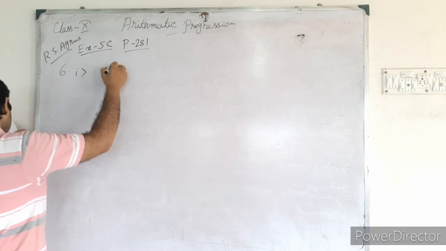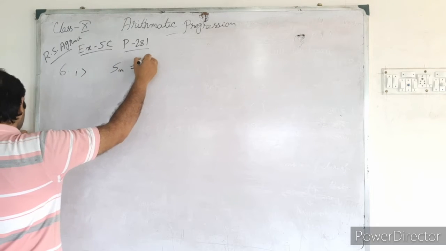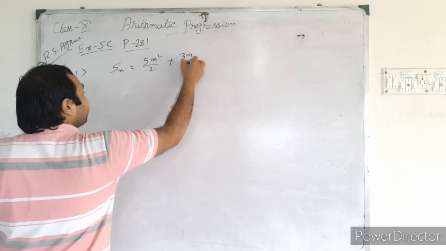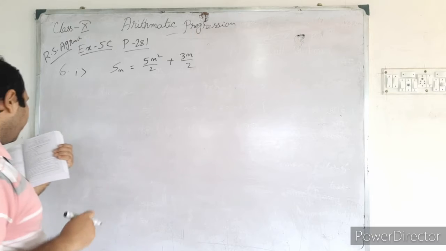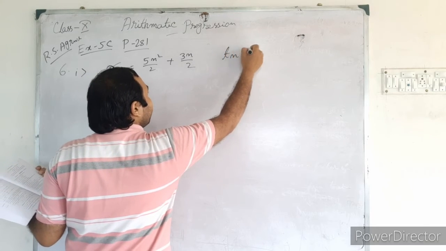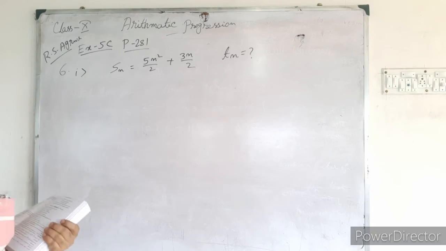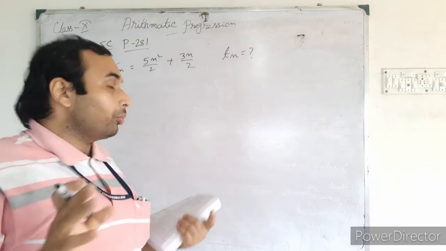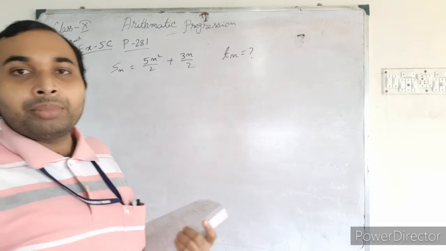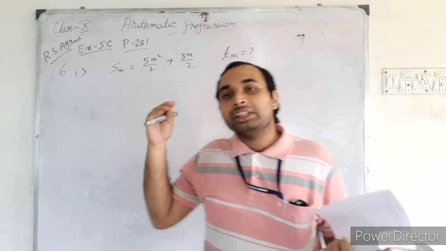It is given that Sn equals 5n square by 2 plus 3n by 2. You have to find the nth term, that means you have to find Tn. First of all, this is given as Sn, but the general form of Sn is different.